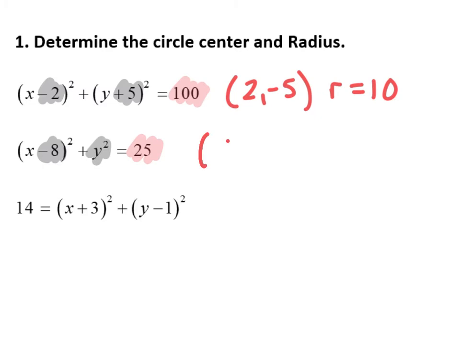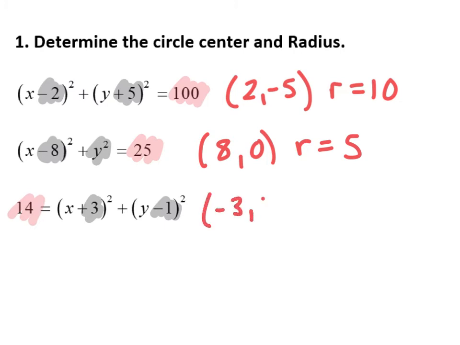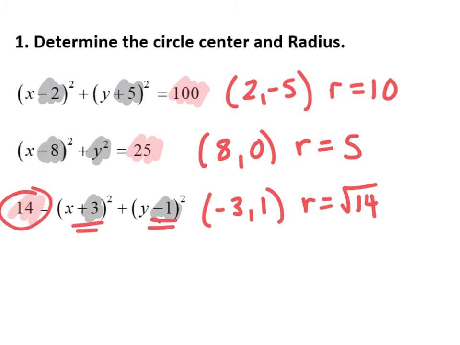And so our center would be at 8 and 0, and our radius would be 5. We will find our center here and here, and our radius hiding here. And so this would be a -3 and a +1 with a radius of the square root of 14. So the only thing, again, you just got to get used to that being kind of a reverse of what you would expect, and always remember to take the square root of those values.